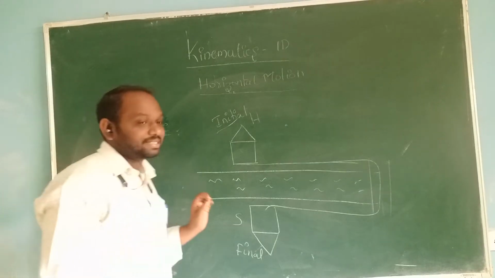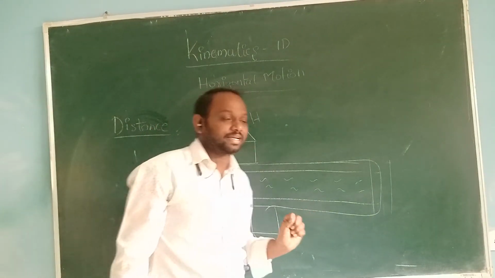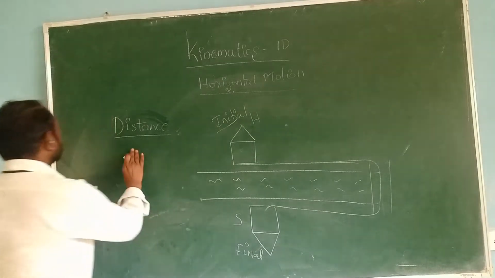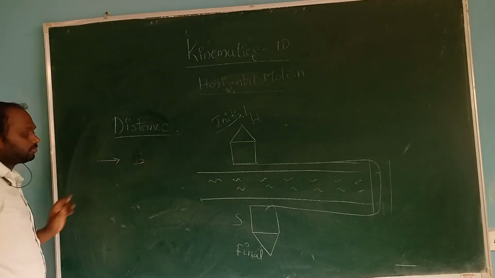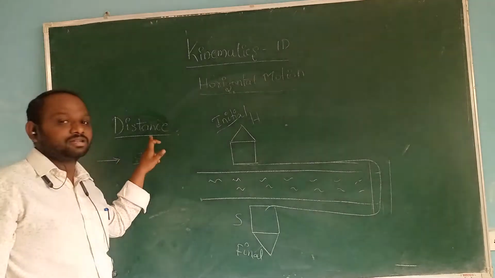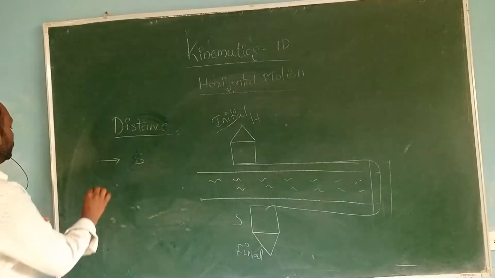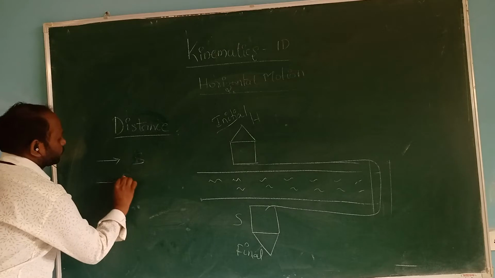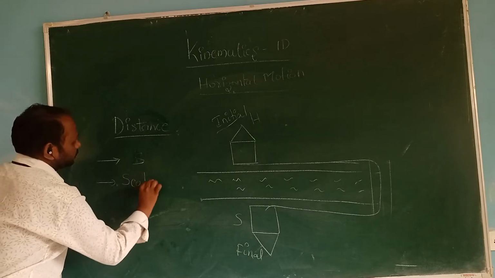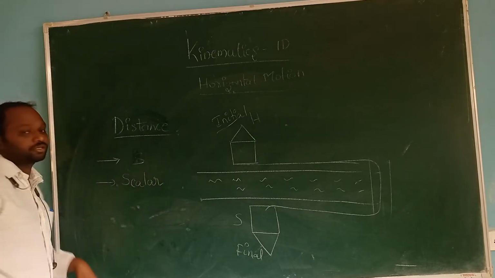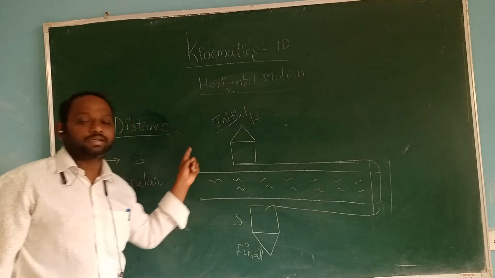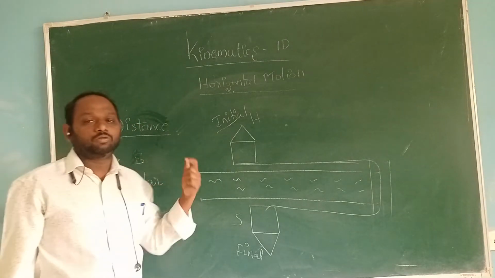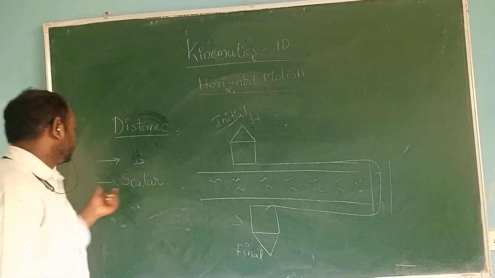So distance is a scalar quantity. Distance is denoted by the letter S. In the previous class, kinematics part 1 video, I explained what is a scalar quantity and what is a vector quantity.